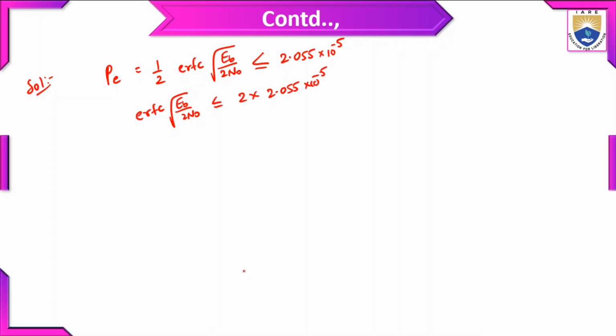Multiplying 2 into 2.055 and sending the error complementary function to the other side as the inverse, finally we get the square root of Eb by 2 N naught greater than or equal to 2.9.